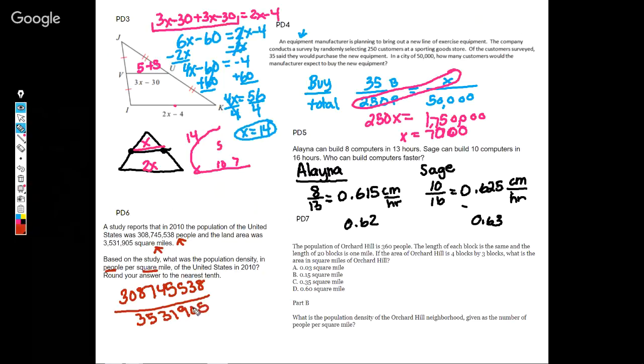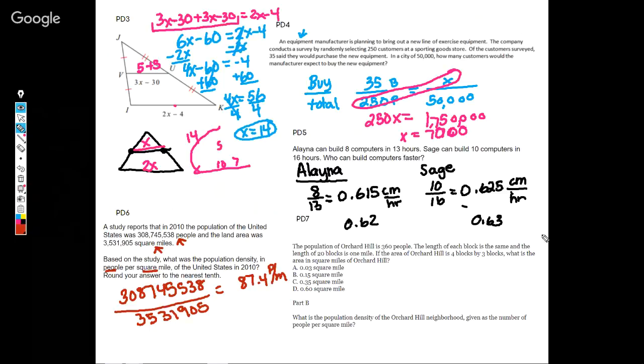And then you just got to do the math. 308,745,538. I mean, they're trying to show you real world use of geometry. You're gonna type it in wrong. All right, so then it says round to the nearest tenth. So it would be 87.4 people per mile.